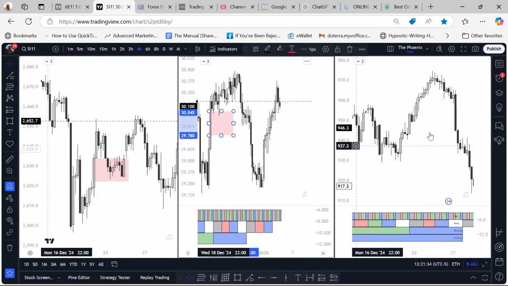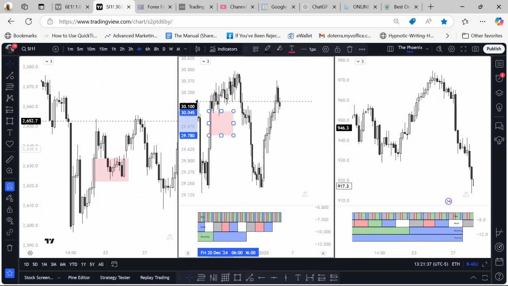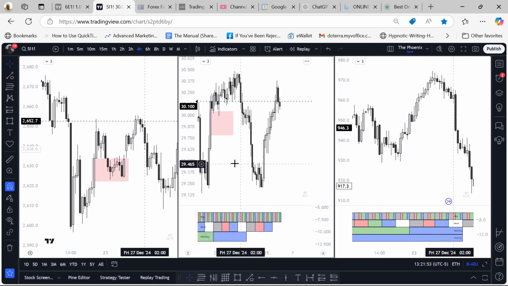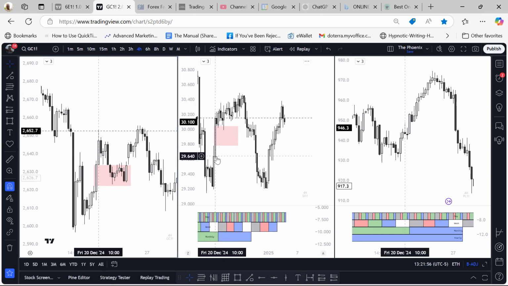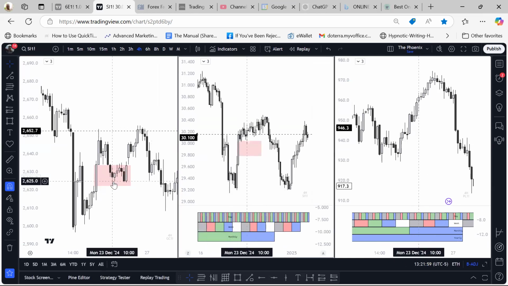And also look for cracks in correlation using imbalances as well. Is that the same gap? Yep. There was no gap formed on platinum. The gap was formed in a different candle. So let us use both silver and gold. Gold created a low inside the gap.